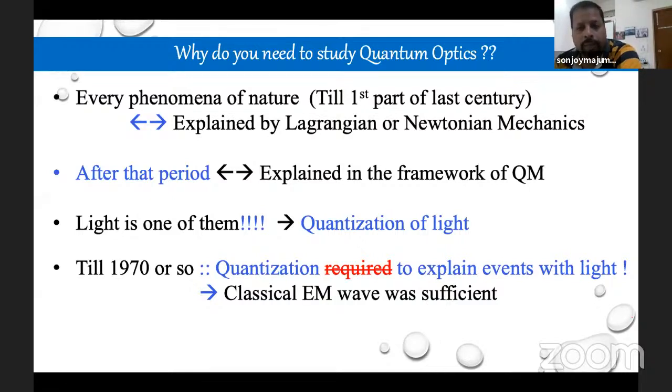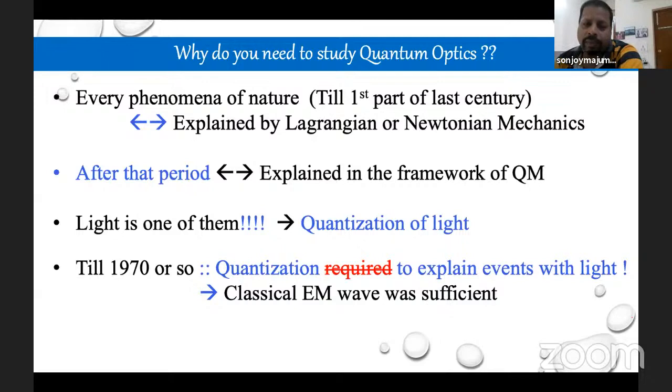Even when you talk about interaction of the light with matter, people were happy to do that using the quantum mechanics framework of the matter, but there light was not necessary to be quantized. They could explain all the phenomena using the classical light.